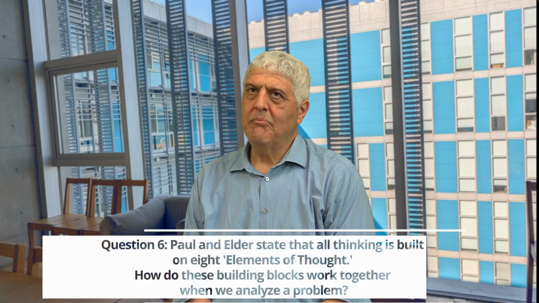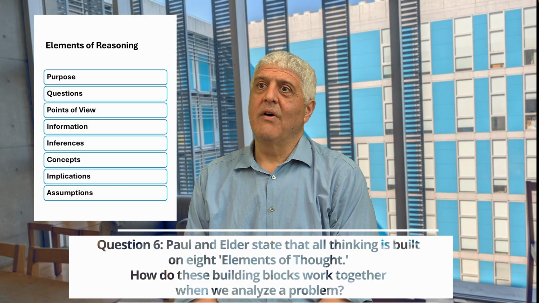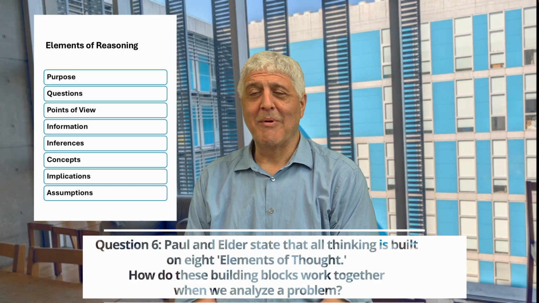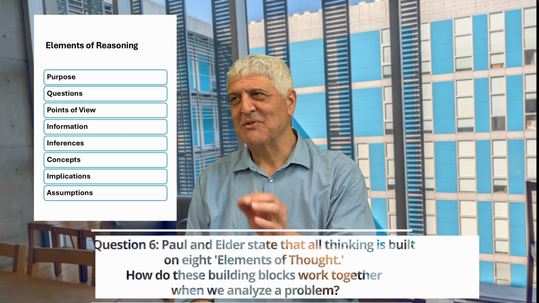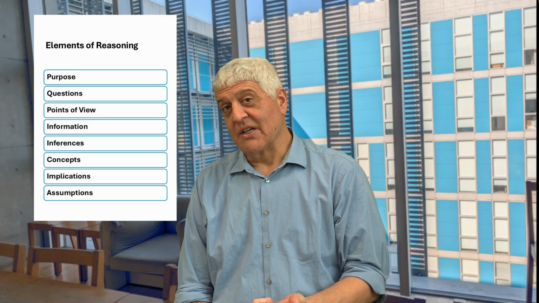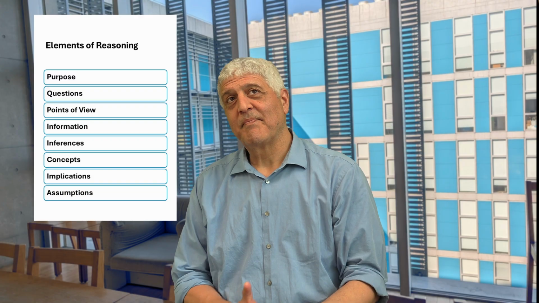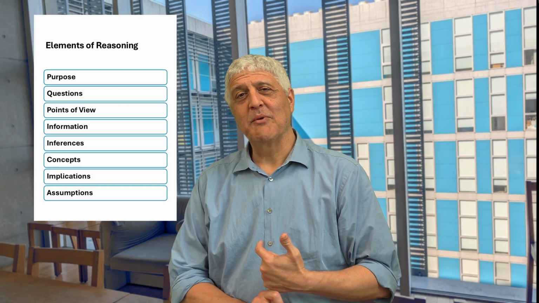You're referring to the Paul and Elder model, which identifies 8 elements of reasoning, if I can remember them all. Sometimes the words change a little bit, but basically purpose, information, assumptions, conclusions, implications. I'm missing one, but you get the point.